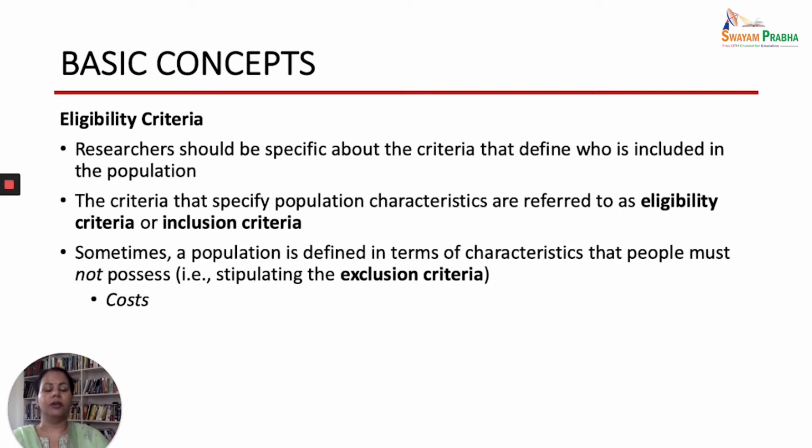If you have the funding to bear the cost of the translator, then you can include. If you do not have the funding available or money available to pay to the translators, then you can include in your exclusion criteria that these people will be excluded who are not knowing a particular language.